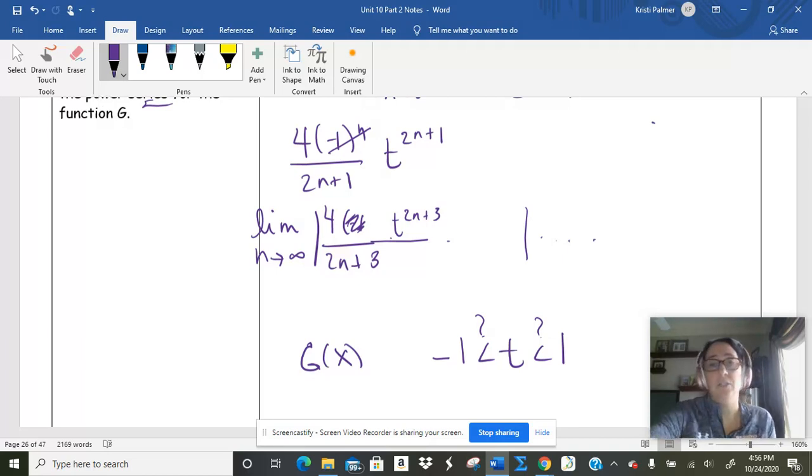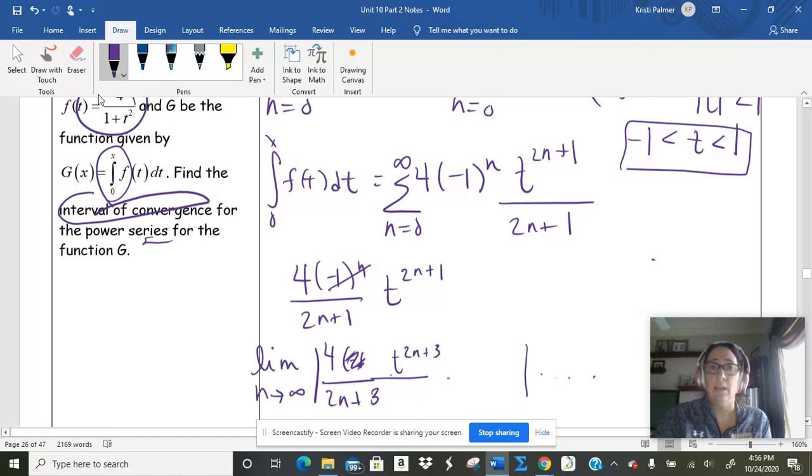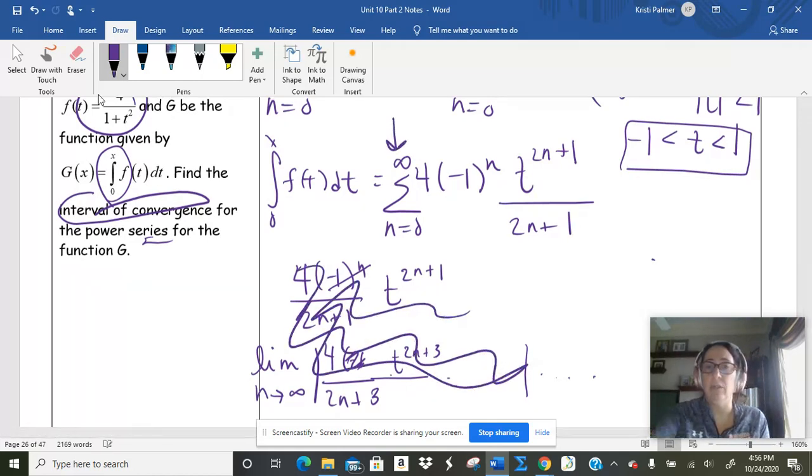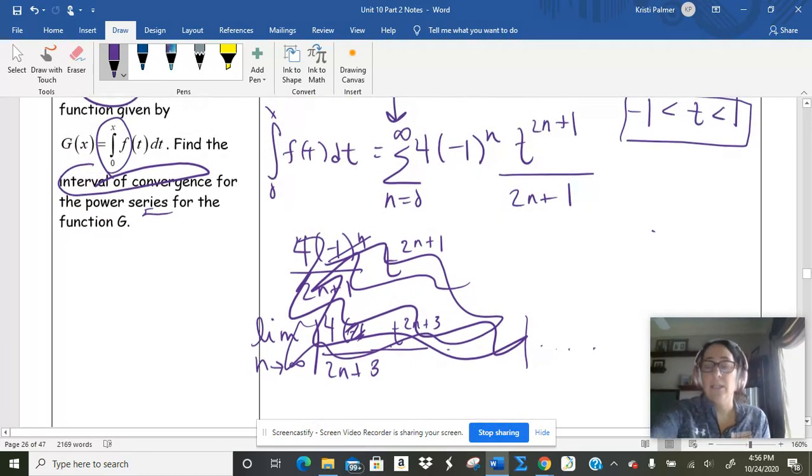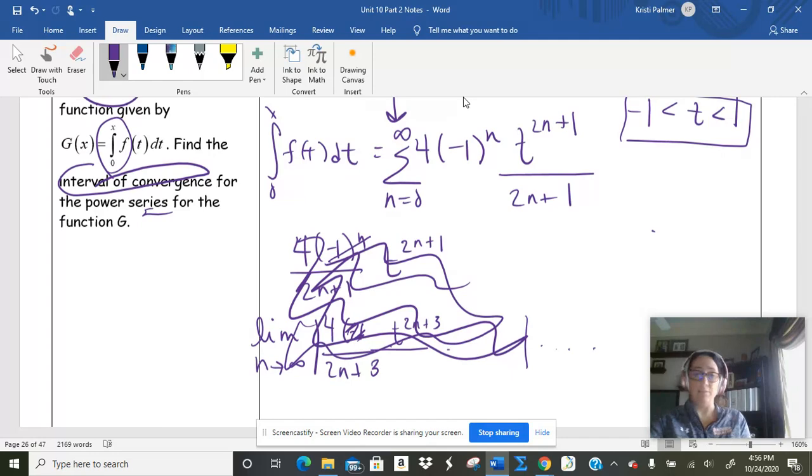So we need to just go check the endpoints. I don't actually need to go through all of this mess because I know it's going to behave the same way except for the endpoints. So we're going to go back to this one now and plug in the 1 and the -1 and see what happens.